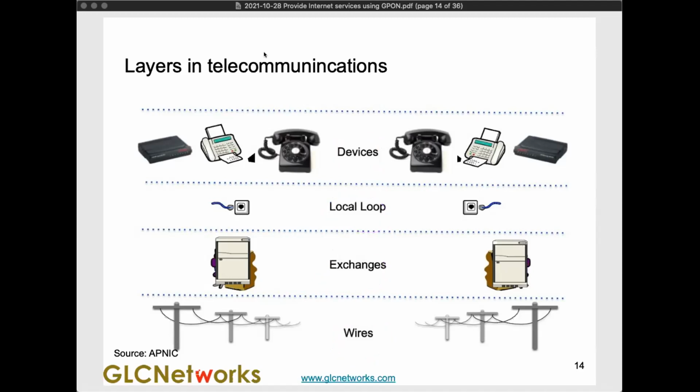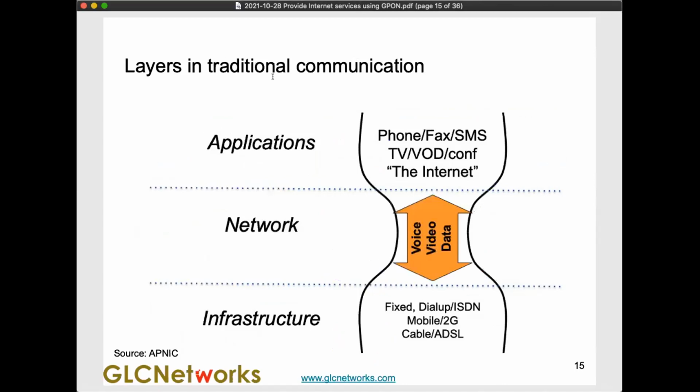If we look at traditional communications, we have 3 layers: infrastructure, networks, and applications. On the network layer, it's separated. We have a separate network for voice, and a separate network for data and video.